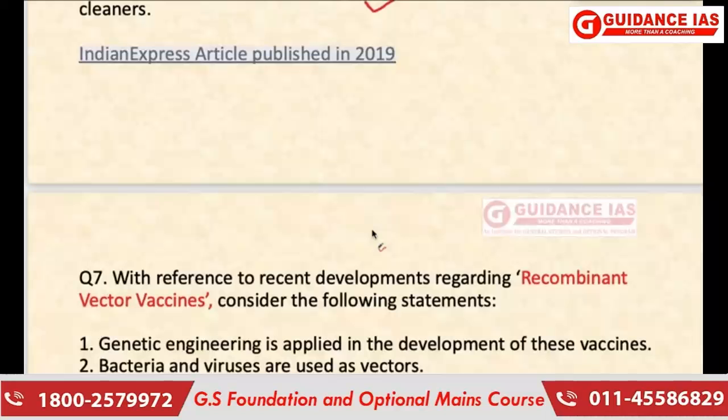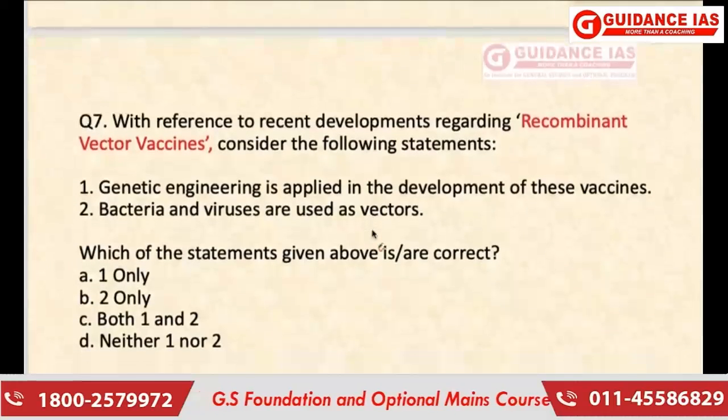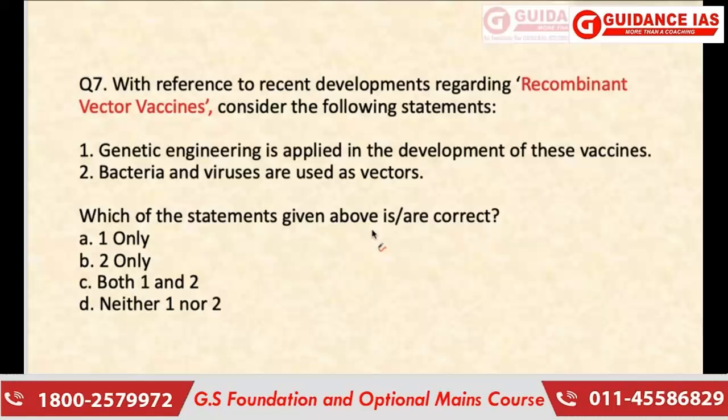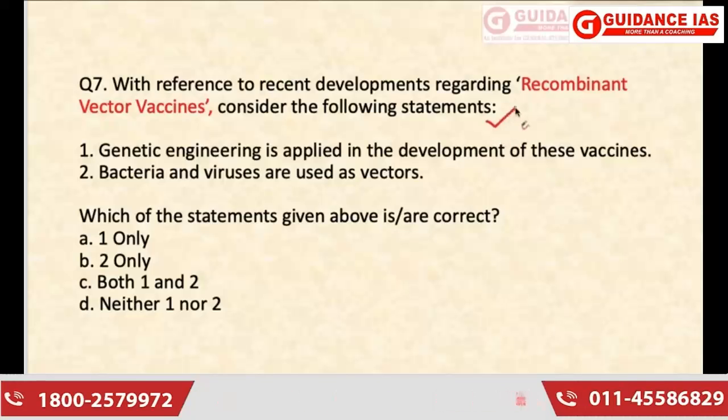You never know कि पेपर में वो कब आपके काम आ जाए. Right? Moving ahead with the next question, question number 7. It says, with reference to recent developments regarding recombinant vector vaccines, consider the following statements. Okay, recombinant vector vaccines. This is an important topic and an important question, and we will be dealing with it in detail.